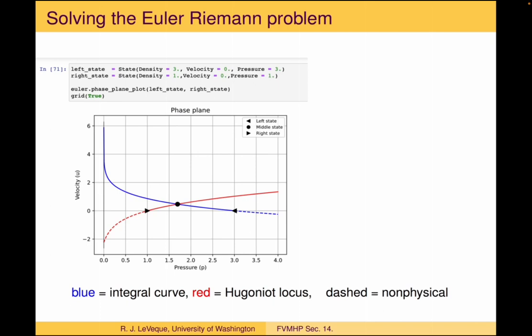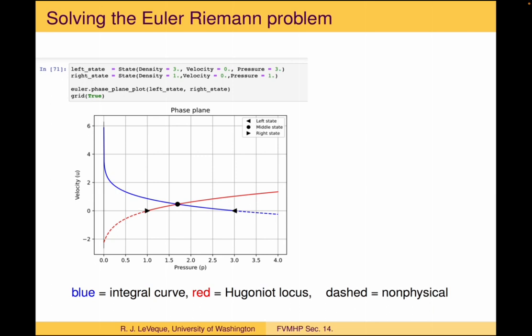So to solve the Riemann problem, we would look for intersections in this pu plane. And here I'm showing a figure from the Euler notebook in the Jupyter Solutions book, because I also wanted to point out what the color scheme is we use there, which is slightly different and isn't really explained in that notebook.